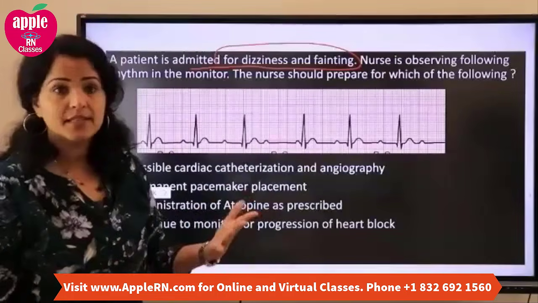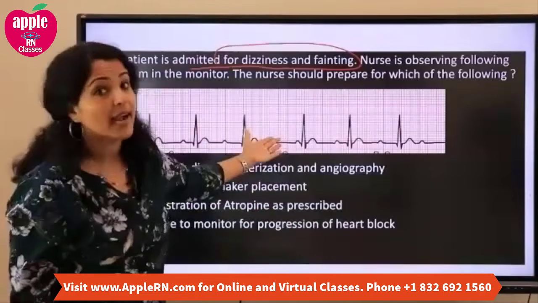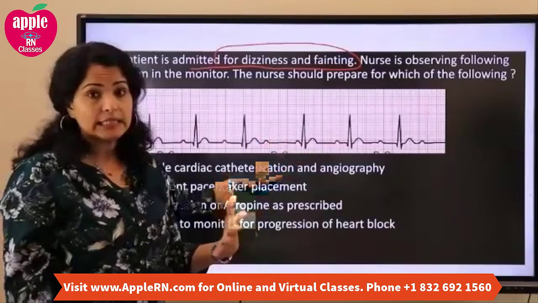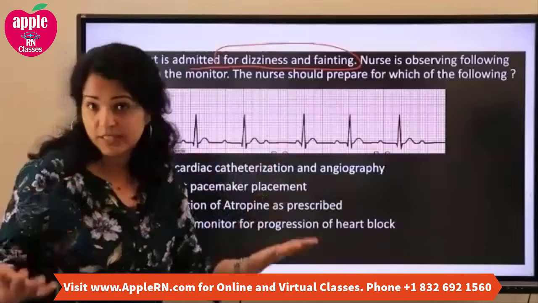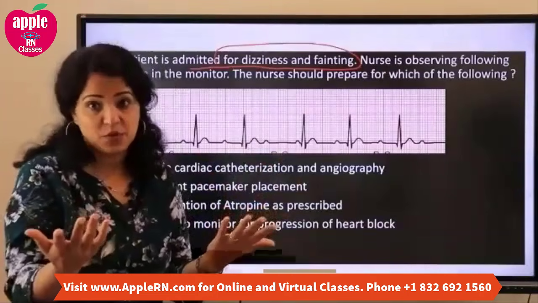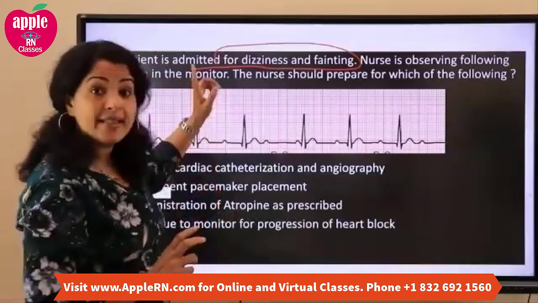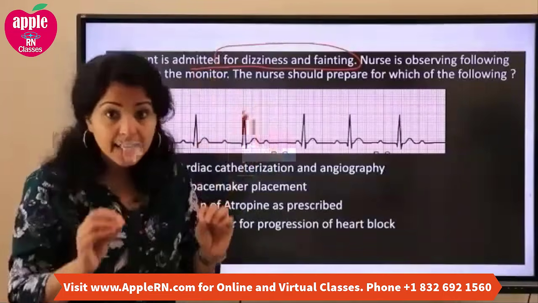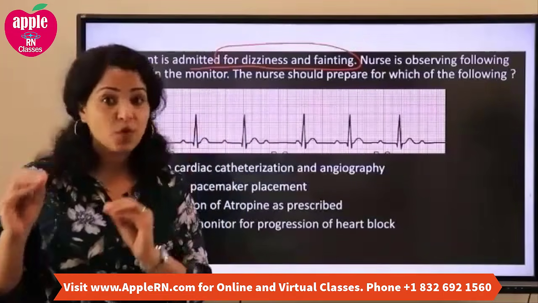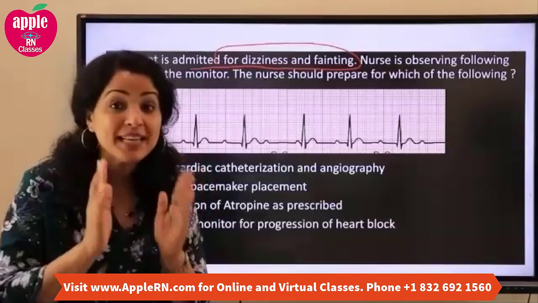Because that means there is second degree type 1, but it doesn't say that the patient is having any problem. It's like asymptomatic, right? So I understand what you are thinking, but in this question, it clearly says that there is a problem. The patient is experiencing issues.